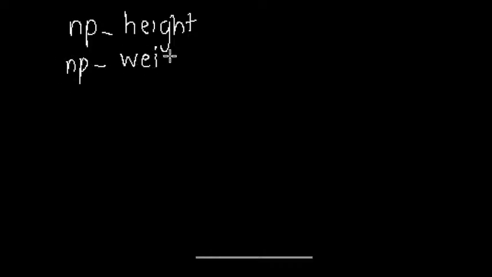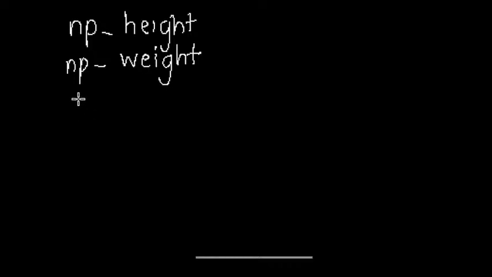So now I'm just going to check out my ChatGPT. So for example, if we had np_height and np_weight, let's assume already these were lists that have been converted into arrays.